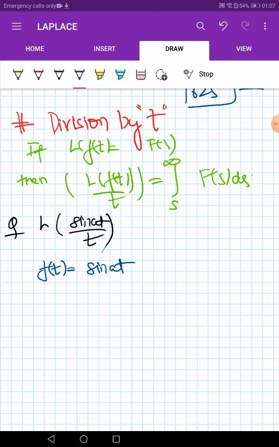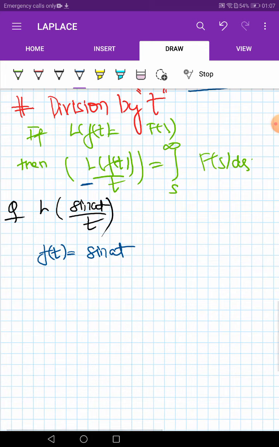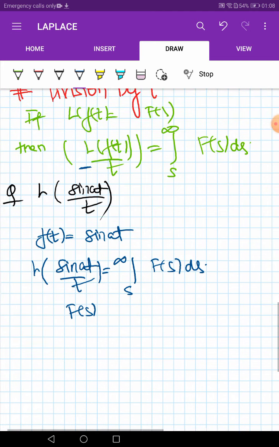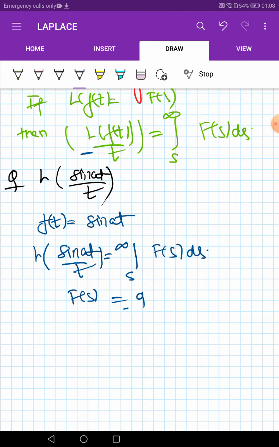This function is in the form of the above formula that we have looked at. So the value of L of sin at by t will be equal to the integration from s to infinity of F of s ds. So what is F of s? F of s is the Laplace transformation of sin at, which is equal to a by s² + a².